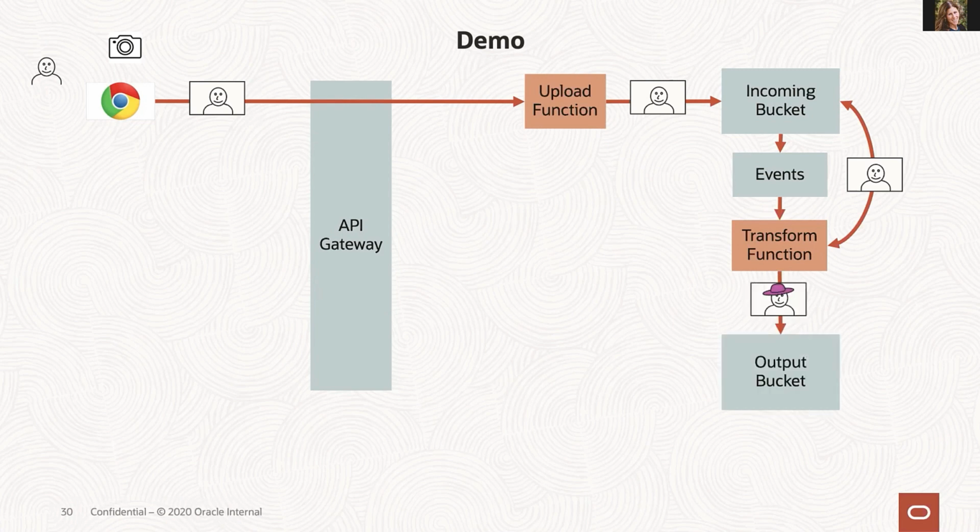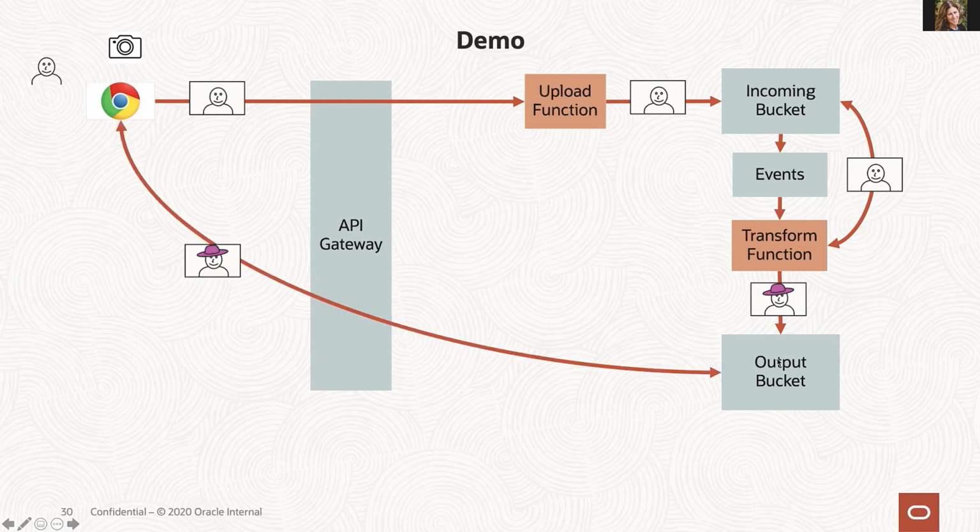You'll see that we're going to add a hat, and I'll leave it as a surprise. It matched the current situation we're in. So basically, the image will be transformed and stored on a different bucket, the output bucket, and the application will use the API to get that image and display it on your browser.